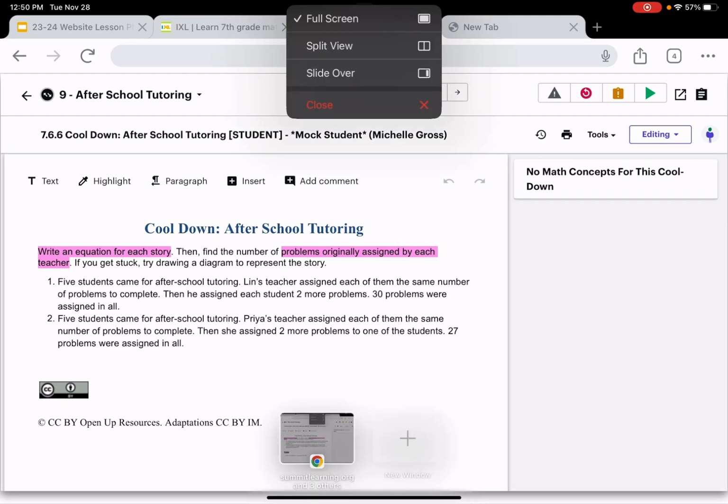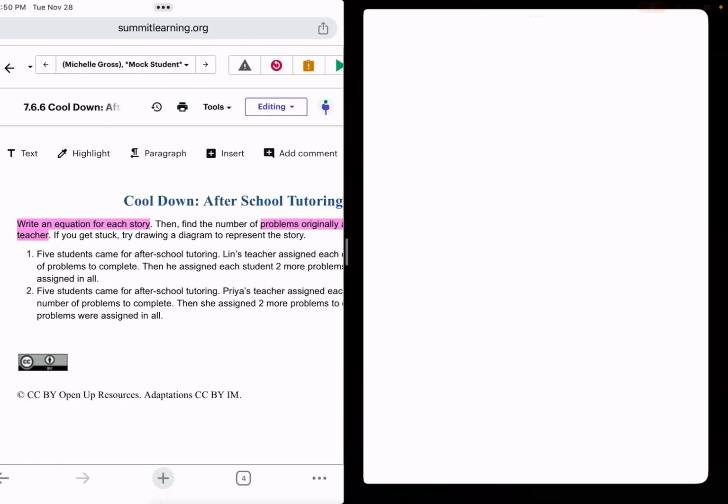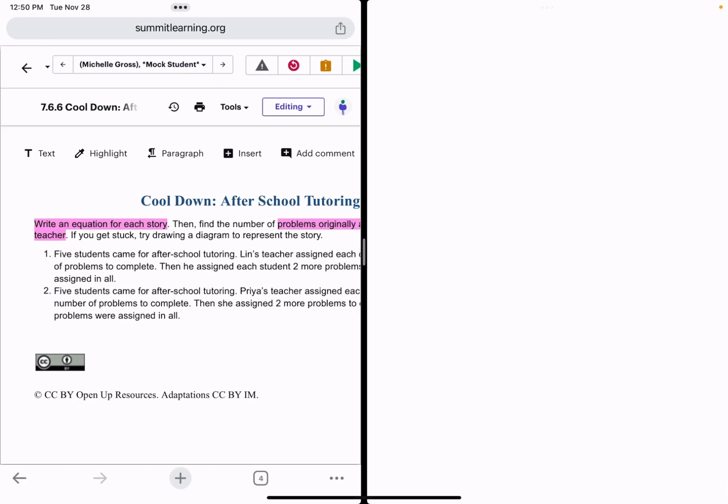So let's go over here so that we can write the equation. So for number 1, we have 5 students, each got the same number of problems, plus the same 5 students got 2 problems each. And there were 30 problems in all.